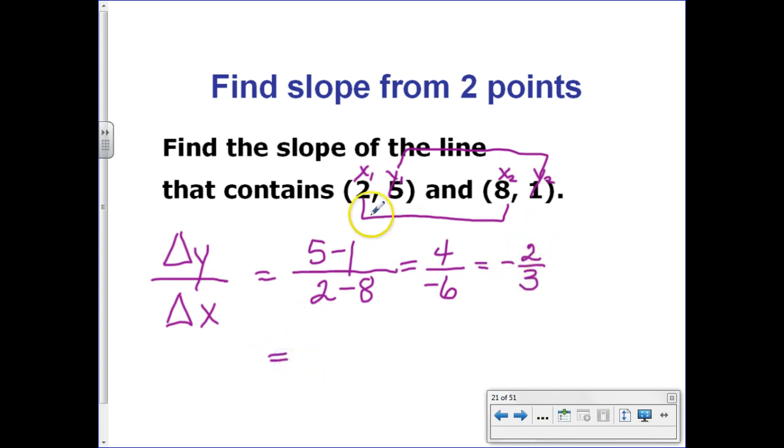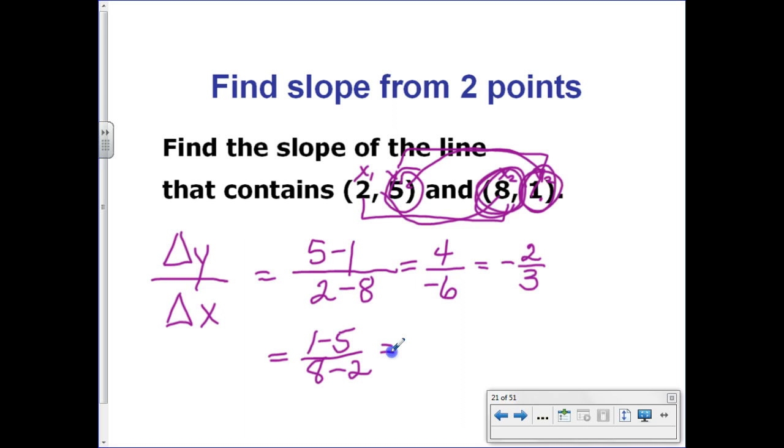What if I subtracted, but I did it in the other order? In other words, what if I put the 1 first and subtracted 5? What if I said 1 minus 5? I took this y value and I subtracted the 5. Then just be consistent. And since I started with this y coordinate, start with this x1, then take 8 minus 2.